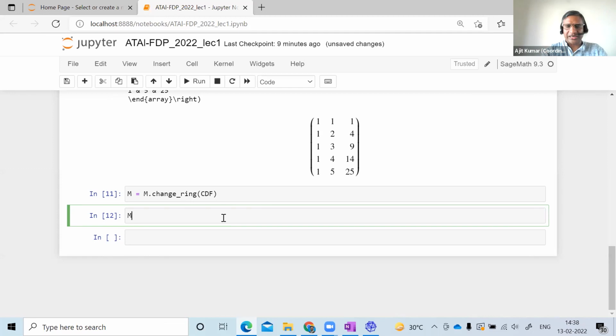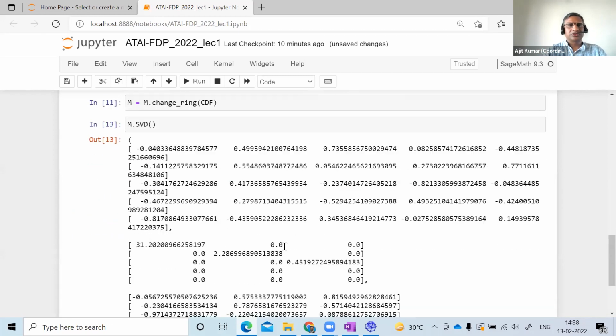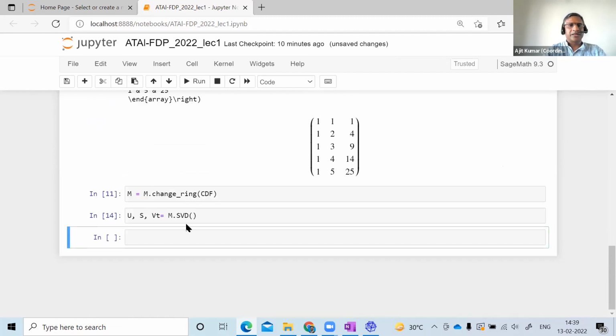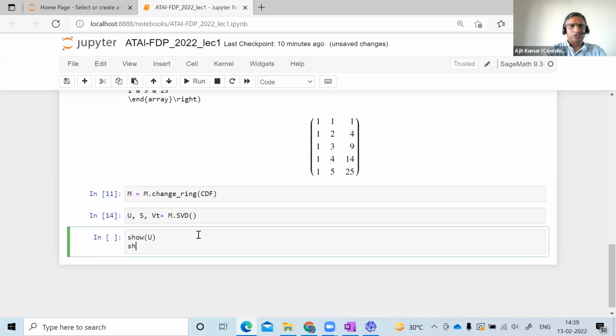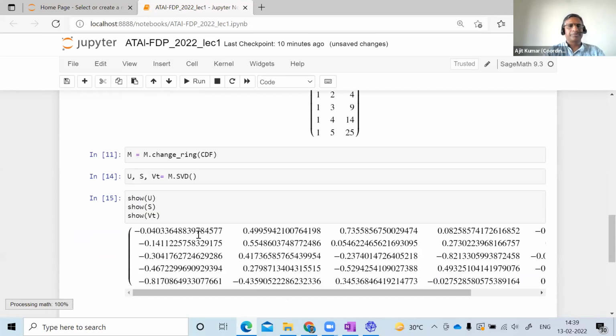Right, now we can find M dot SVD. It has three things. Let us store this as U, comma S, comma VT. Now I can ask it to show what are U, S, and VT.